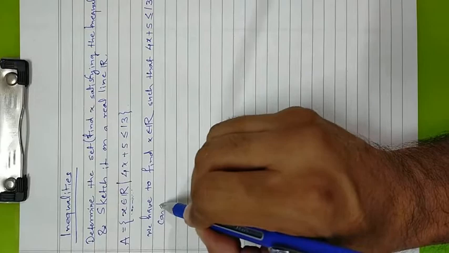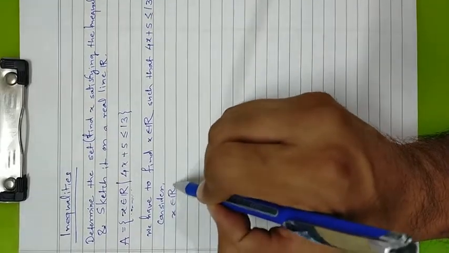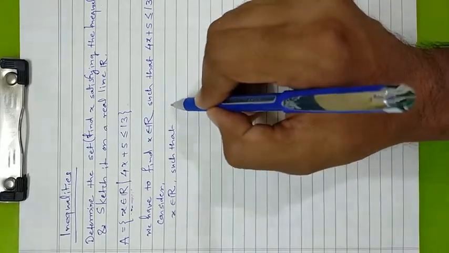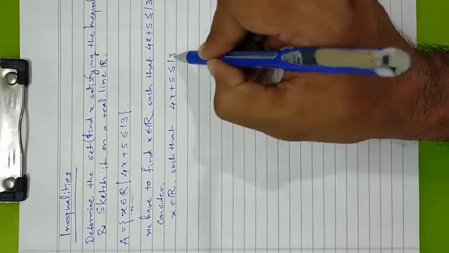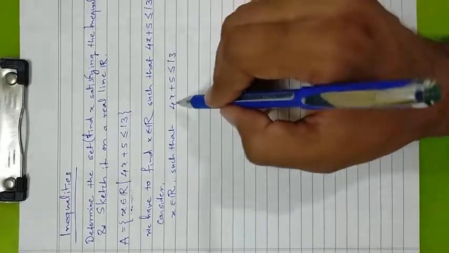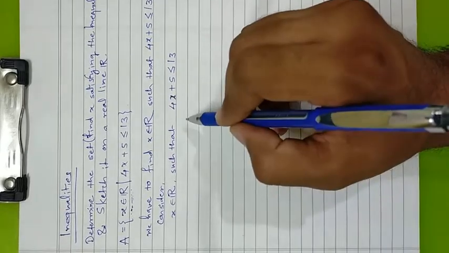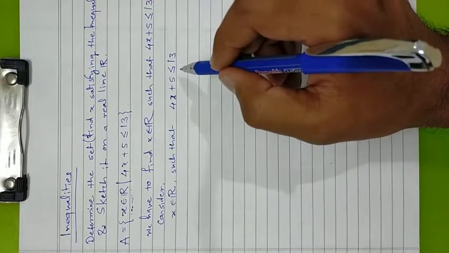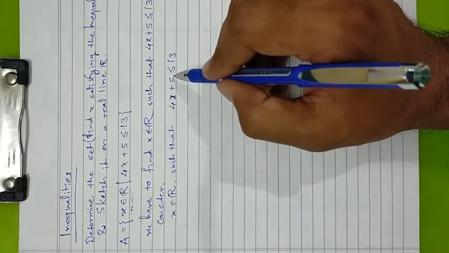So consider x as a real number such that 4x plus 5 is less than or equal to 13. We have to simplify this inequality. By using the algebraic properties of real numbers, I can add minus 5 on both sides.